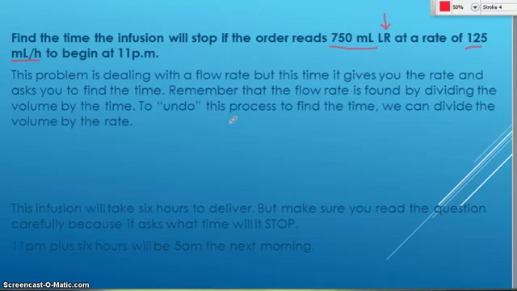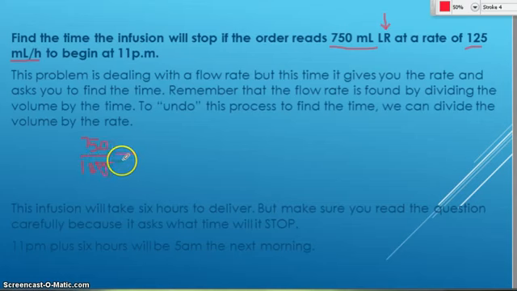So remember before we did volume divided by time. So this time, in order to undo the process, we're going to take the volume, 750, and we're going to divide it by the rate. So we're going to take that 750 and we're going to divide it by that rate of 125 milliliters per hour. Now, we're going to go ahead and stick that in your calculator to figure out the number of hours.